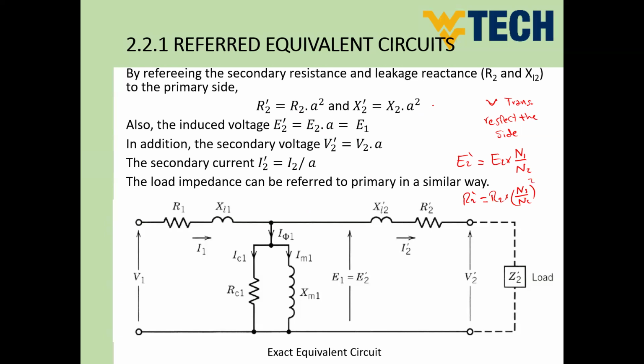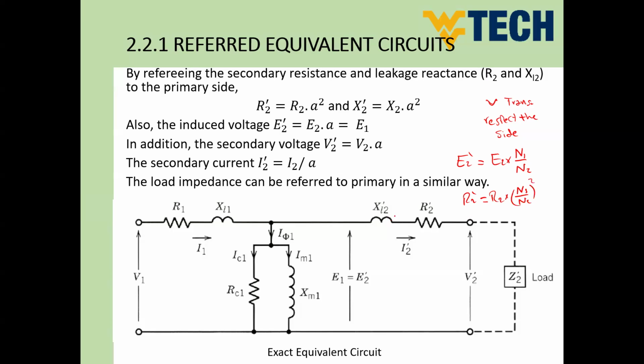The only term that will not respect the side which it is going to move to is the electrical current, I. So moving I from the secondary side to the primary side, it will multiply times N2 divide N1. So it will not respect the ratio.